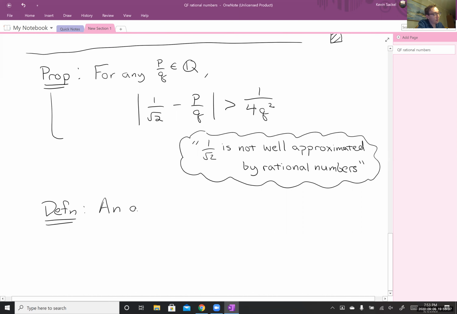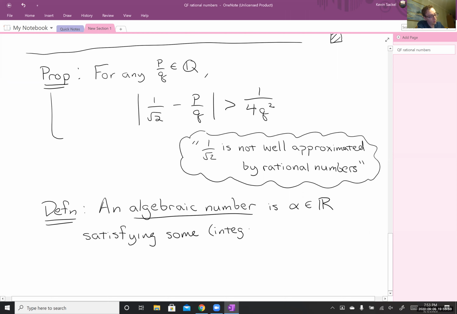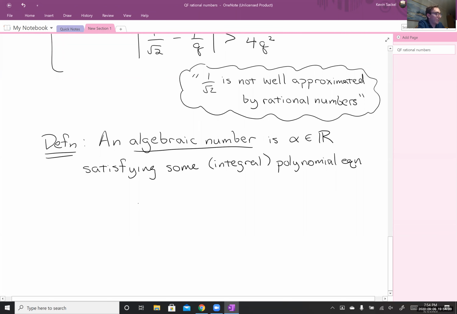So an algebraic number is some number alpha in R satisfying some integral polynomial equation of the form f0 plus f1 alpha plus up to fd alpha to the d equals 0, where the fi's are integers. Okay. And fd is not necessarily 1. I'm not saying that at all.